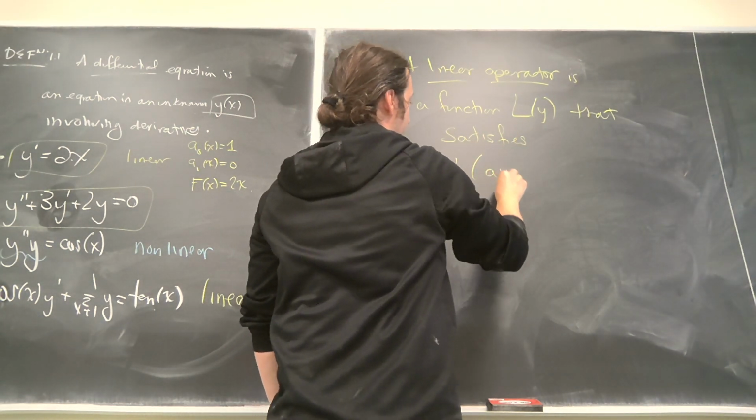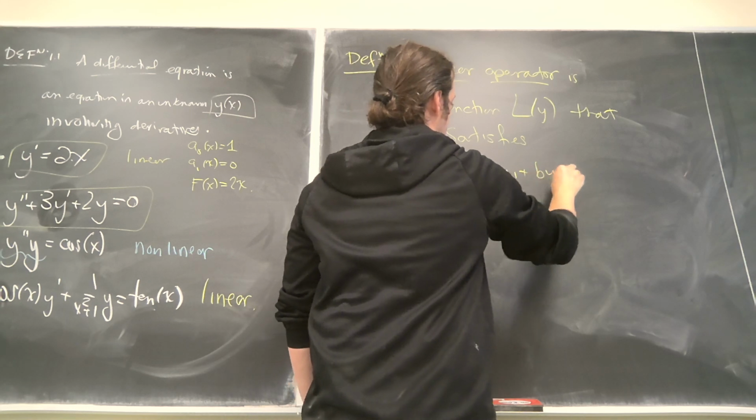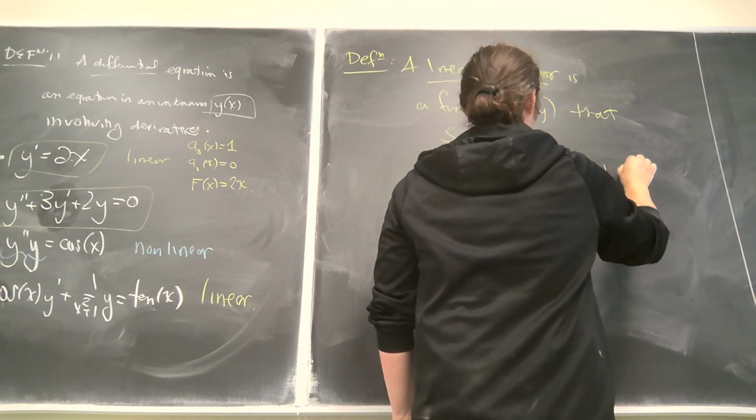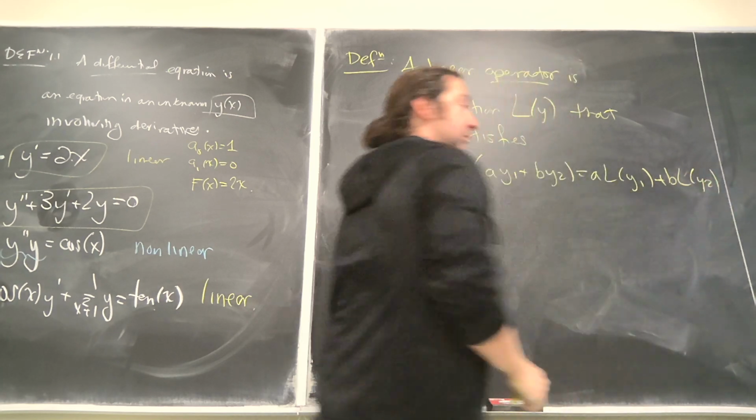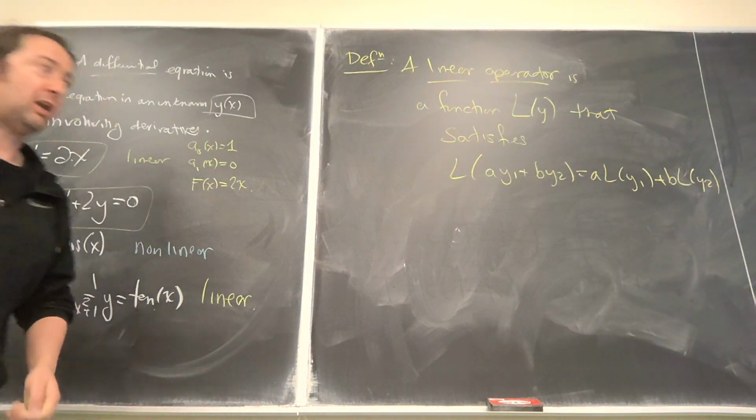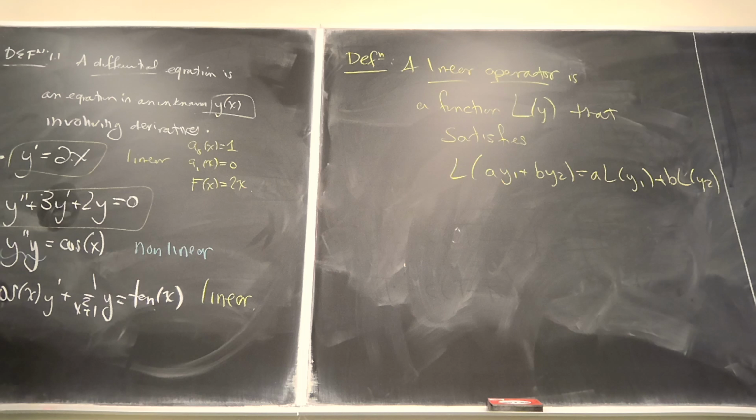L of ay1 plus by2 is equal to a times L of y1 plus b times L of y2. This is the way everybody wishes square roots worked. That you can just take the function and smash it into the individual pieces, right?